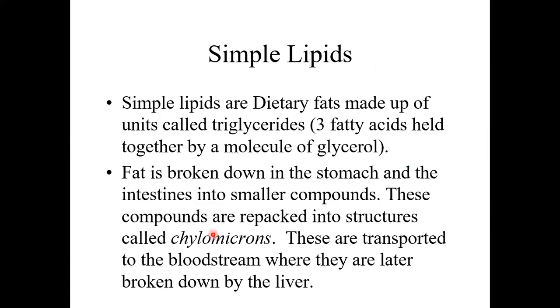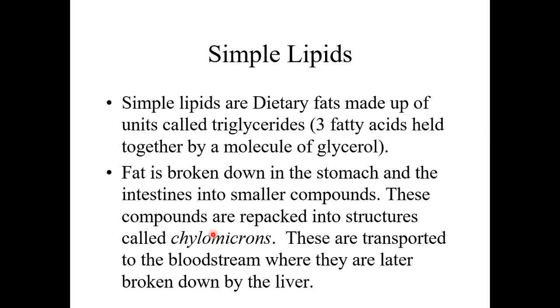All right, so our fats, we have our simple fats. These are made up of three fatty acids, called triglycerides. Called glycerides because they're all held together with this little glob of glycerol. Fat is broken down in the stomach and in the intestines, just like our carbohydrates. But as I said, we can't transport fat in the water base of our blood. So we have to repackage it into something that can be transported in a water-based blood environment.